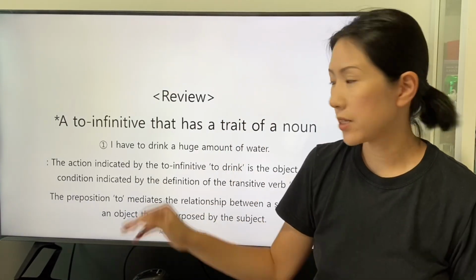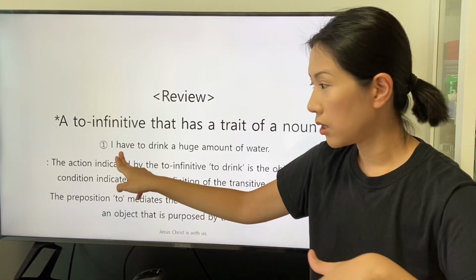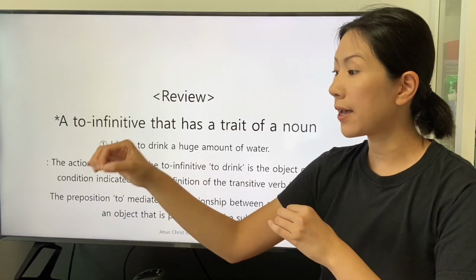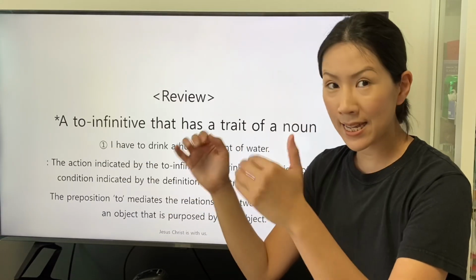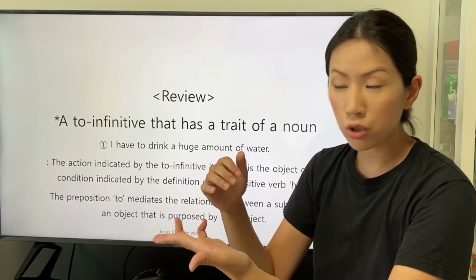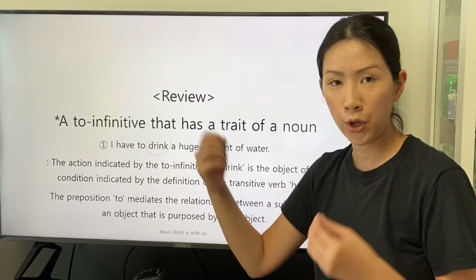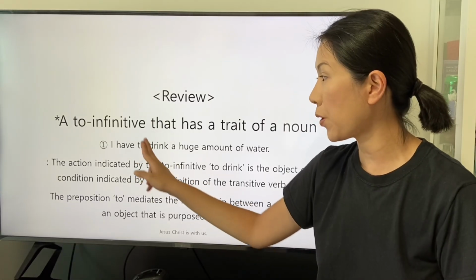We can understand that the speaker as the subject at the present is heading to a point in time and a place as a premise to actualize the action indicated by the root infinitive drink, that is the object of the preposition to.